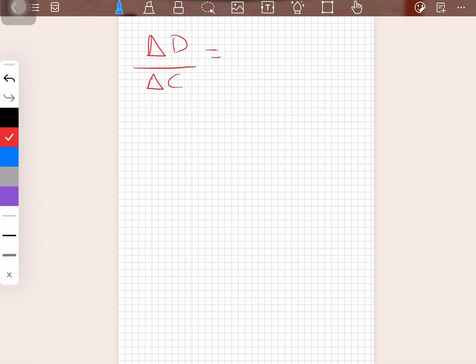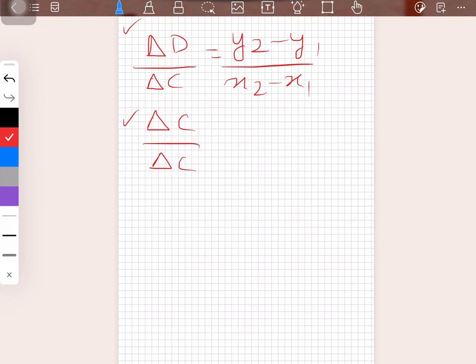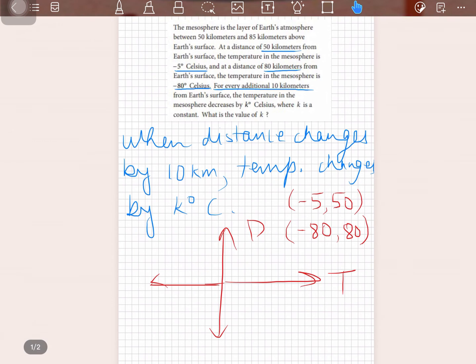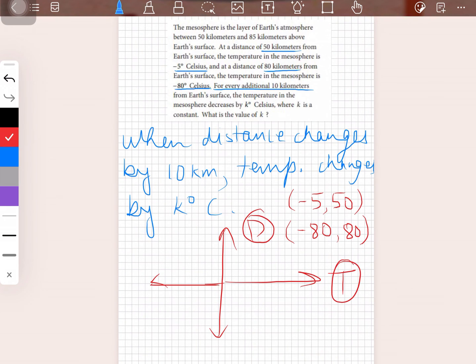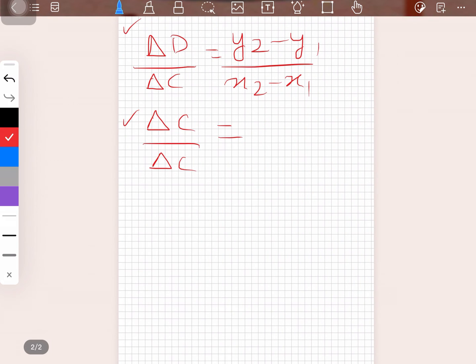We find the slope as y2 minus y1 over x2 minus x1, so change in D by change in C. I did change in D by change in C because we have D on the y-axis and C on the x-axis.